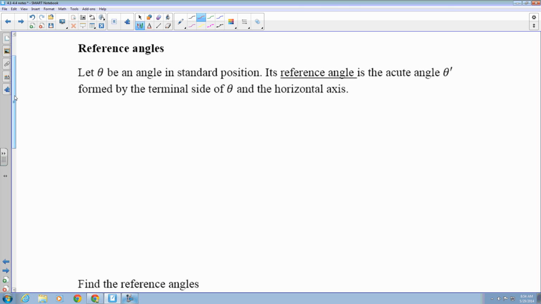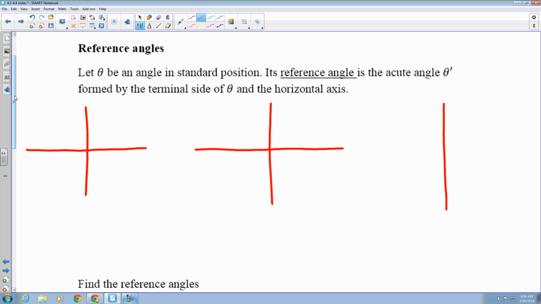Okay, reference angles. We have 3 different situations for a reference angle. A reference angle is always acute, which means in quadrant 1, a reference angle is just itself, but we have the 3 other quadrants to try to figure out. So we'll start over here with quadrant 2, saying we have an angle in quadrant 2.